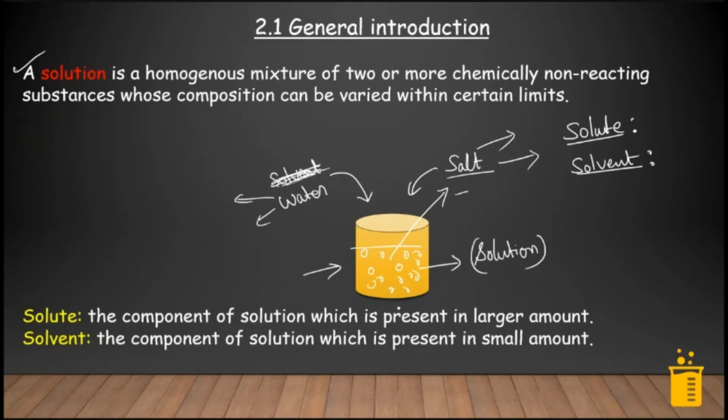A solute is the component of a solution which is present in small amount. Okay. So what about solvent? Solvent is also a part of the solution, the component of a solution which is present in large amount. Okay. So this is the basic definition of the solute and the solvent.